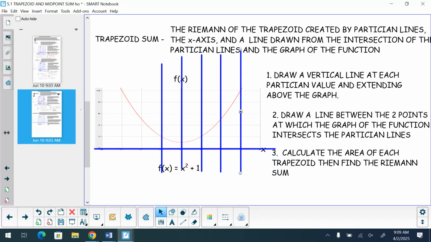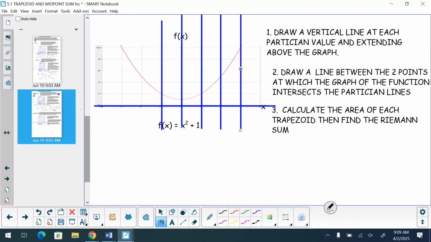Start out like this, but now the difference is we draw a line from the intersecting points of our graphs. So we draw a line here, we draw a line here, we draw a line here, and we draw a line here.